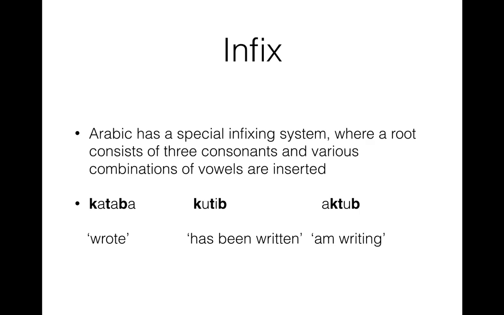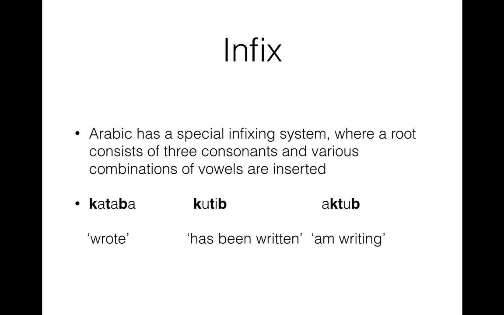So you have the same three sounds, k, t, b, with different vowels inserted in different positions to get different meaning, right? This is again a different example of infixation, a different kind of infixation system, not exactly the same as Tagalog, but there's a word for this one.